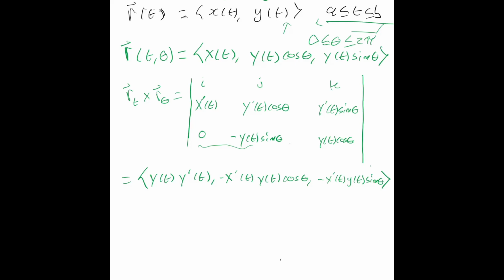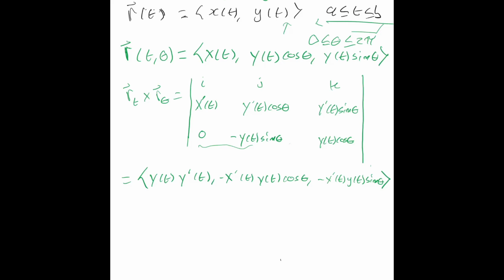If it's outward pointing and you want outward pointing, it means that this vector is outward pointing for all t and theta, so you just leave it alone. But if it's inward pointing and you want outward pointing, that means it's inward pointing for all t and theta, so just multiply it by -1. Okay, but I don't want to talk too much about that. I'll leave that to you when you actually try to solve some of these problems.